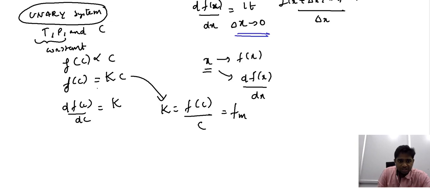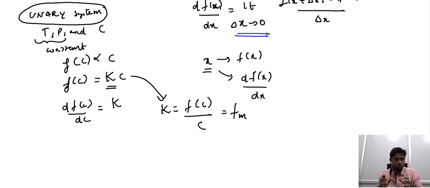So what we observe is, for such a function wherein the free energy is directly proportional to the concentration, wherein the univariate function is proportional to the independent variable that influences it, there are two ways of arriving at the constant of proportionality.